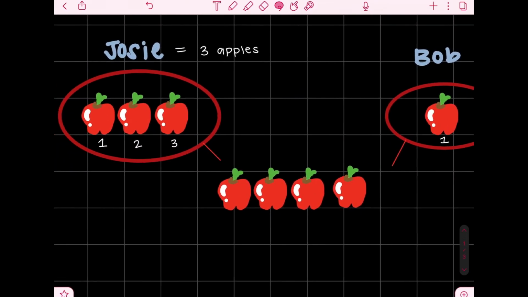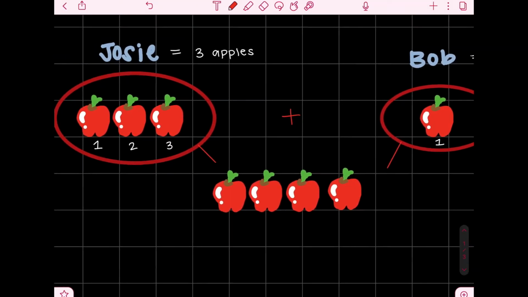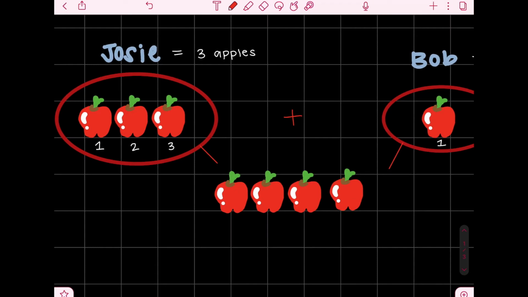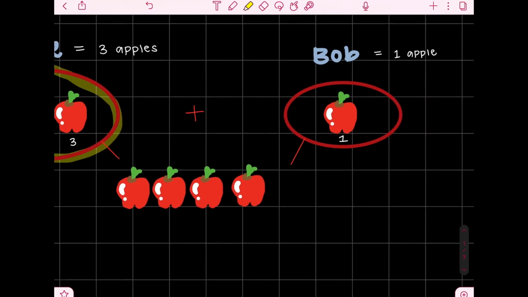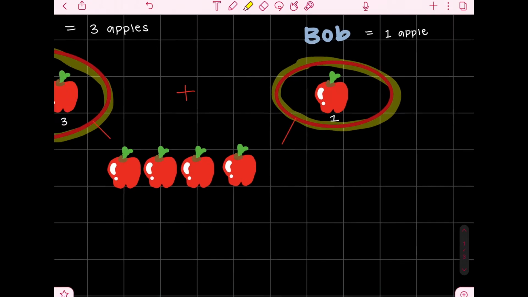Since we're adding the amount of apples that both of them have together, it means that we combine the total amount. So I'm combining Josie's apples that are in this circle right here with Bob's apples that are in this circle. And Bob only has 1, remember.